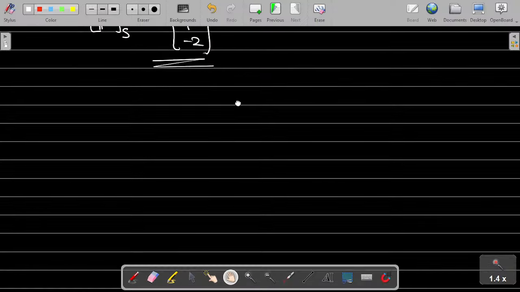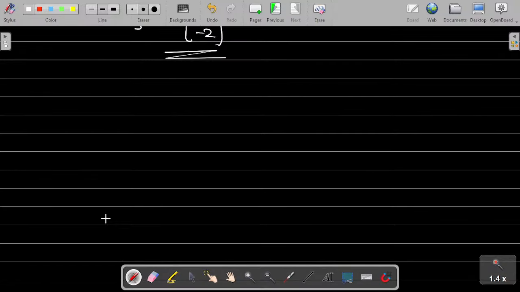Okay, so we move over to question D of number 5 of module 4, which I think is the last question. So question D says, let A be a 3 by 4 matrix.